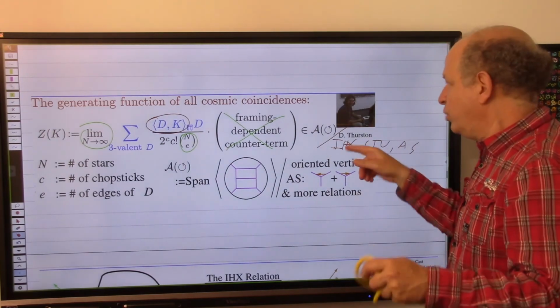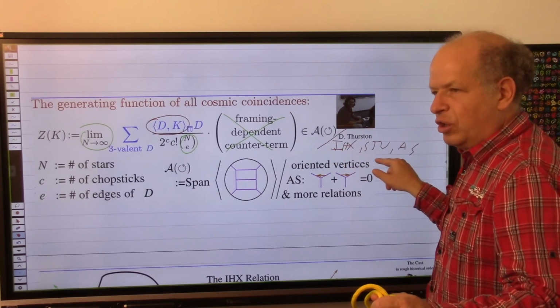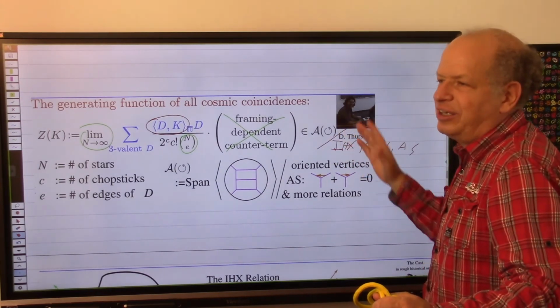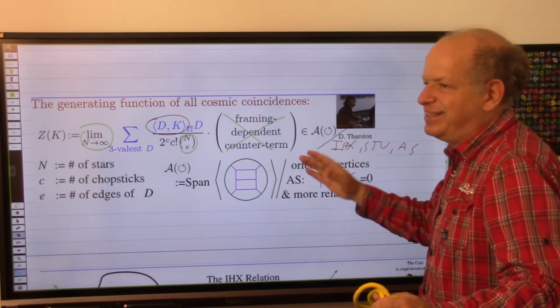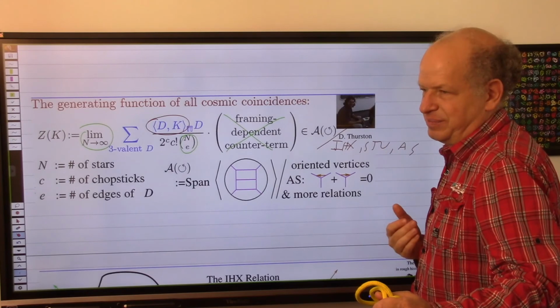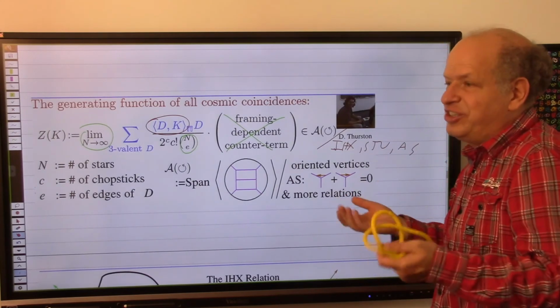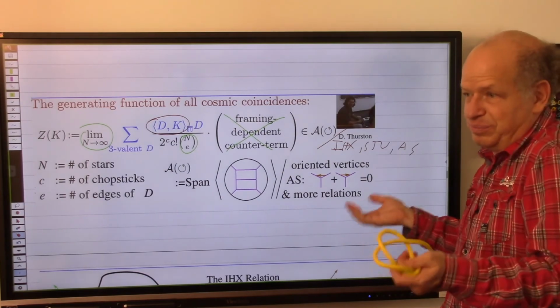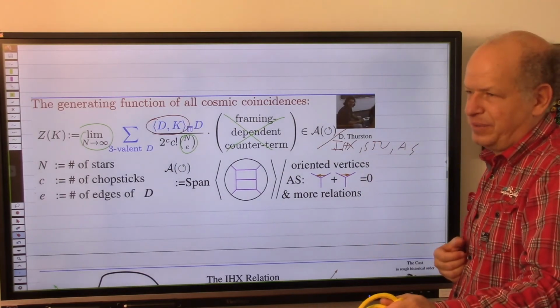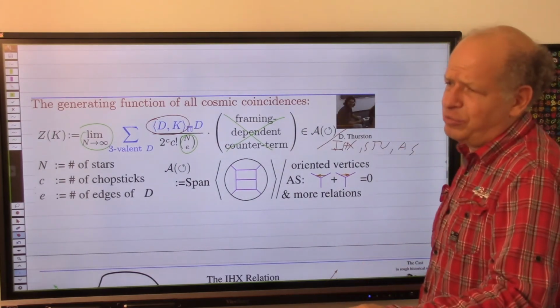So in fact, you could have guessed these relations, IHX and STU, without knowing anything about finite type invariants. You could have guessed them by counting cosmic coincidences. I mean, that's not how history went, but it could have gone that way. Oh, I'm lying to you. In a sense, that's how history went.